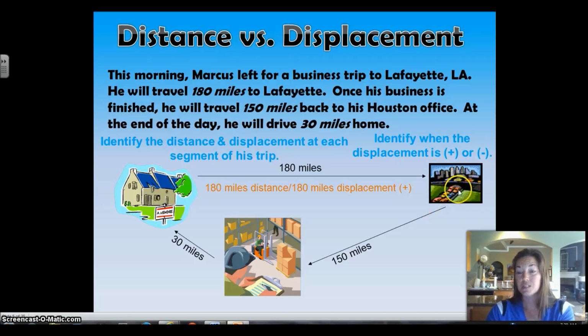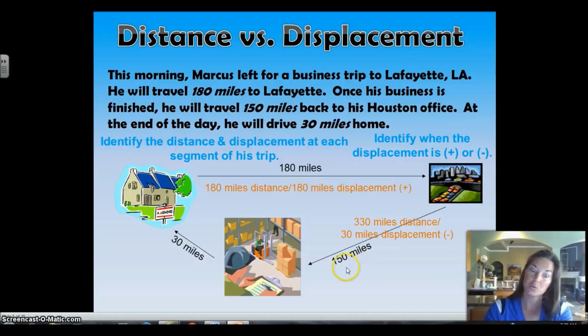When his business is finished in Lafayette and he travels another 150 miles, that 150 miles gets added to the 180 miles that he traveled earlier that day, for a total of now 330 miles of distance. He is 30 miles away from where he started from, so his displacement is 30 miles, and since he's headed back towards his reference point, his motion is negative.